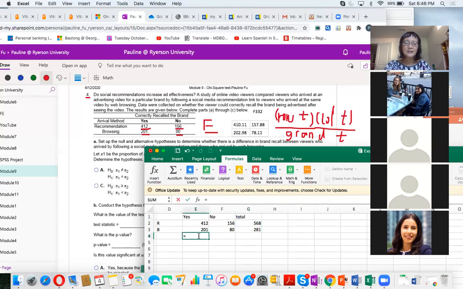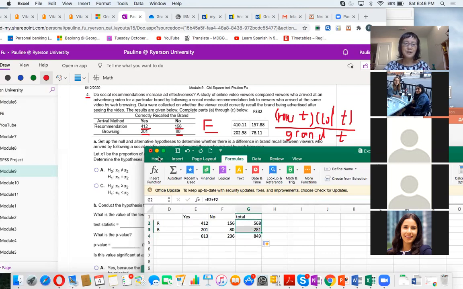And then you need to do the column total. Add 412 with 201. This is the column total, and do the same with all the columns. The last number here we call the grand total, 849. So any questions on row total, column total, grand total?